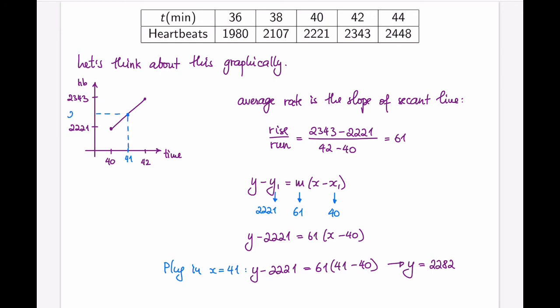Now, the nice thing about this method is that it allows you to not only compute something halfway through between the 2 points, but really any number between these 2 points. So if I, for example, wanted to compute the number of heartbeats at minute 40 and a half, I don't have to figure out what fraction of this line 40 and a half belongs to. It's not exactly halfway through. It's neither here nor there.